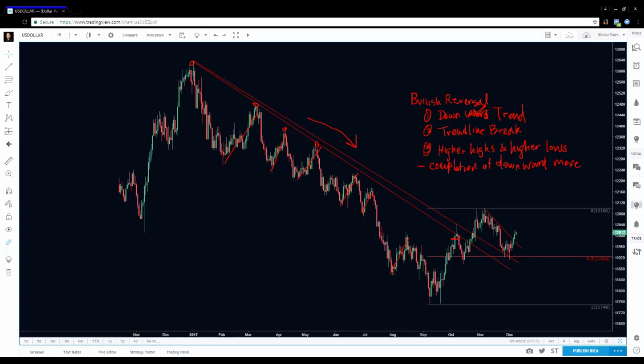So that's this right here. This move is a retracement bigger than the previous ones. Okay, that's one aspect of it.